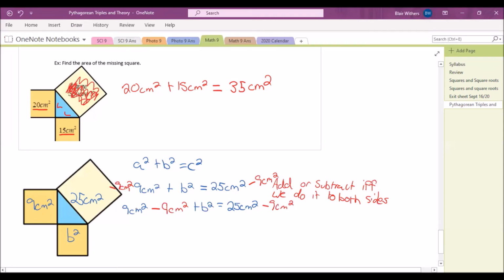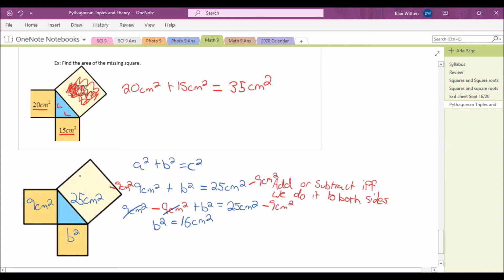Okay, so from here, I can see that 9 and 9, well, those are going to cancel out. So on my left-hand side, I'm left with b squared. On this side, 25 minus 9 is 16. So 16 centimeters squared. So the missing area, b squared, is 16 centimeters squared.